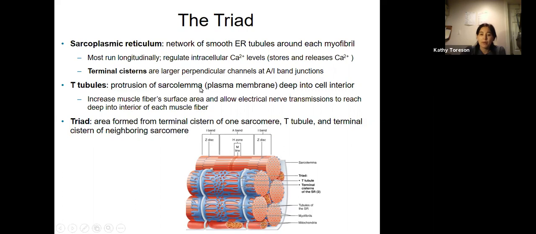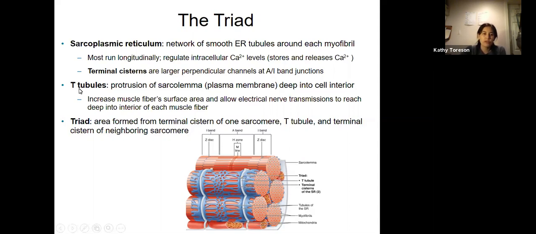So the sarcolemma, now remember, is just a fancy name for plasma membrane. Now the plasma membrane or cell membrane actually juts into the interior of the cell a little bit. So we're used to seeing cell membranes as just sort of a circle around the cell. But in muscle cells, that cell membrane actually will protrude into the cell a little bit.